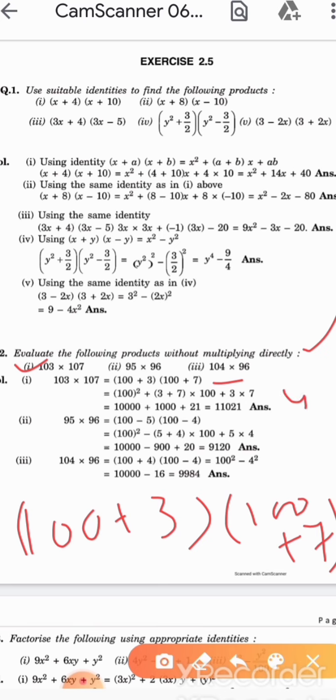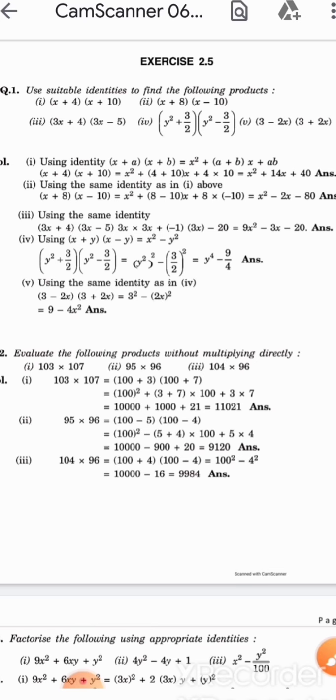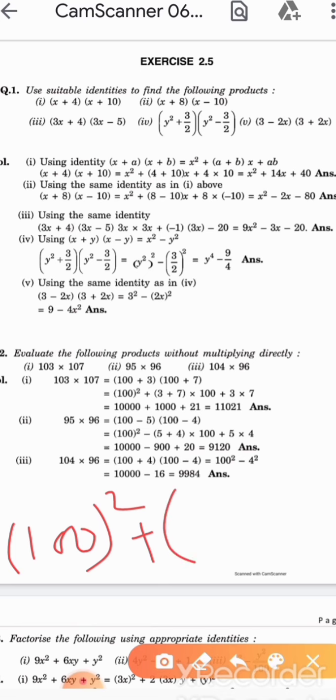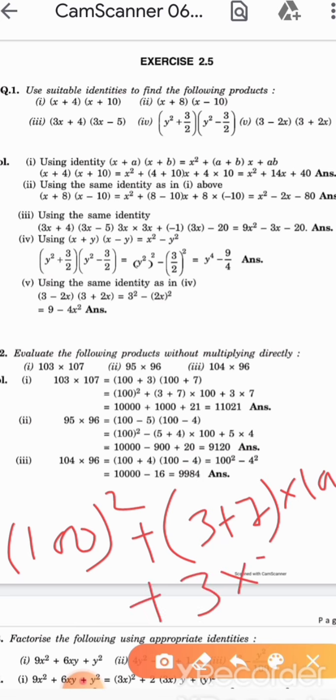Again here we use our identity number 4, because it looks like x plus a into x plus b. Here we write our identity number 4 and, comparing the terms, we get the value of x is equal to 100, a is equal to 3 and b is equal to 7. Now substituting in the RHS of the identity we get first x square means 100 square, plus a plus b means 3 plus 7 into x means 100, plus a into b means 3 into 7.